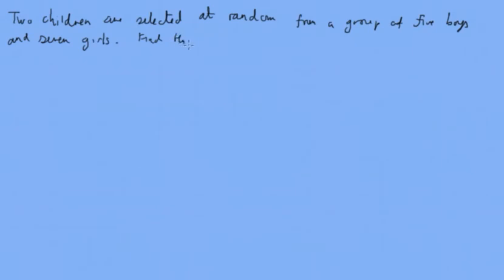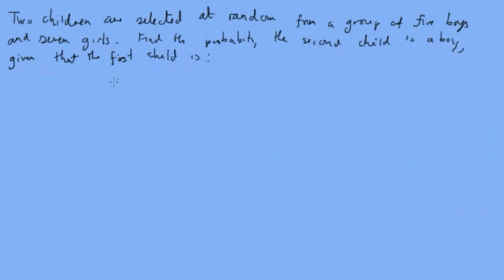Find the probability the second child is a boy, given that the first child is, firstly, a boy, and B, secondly, the first child is a girl.